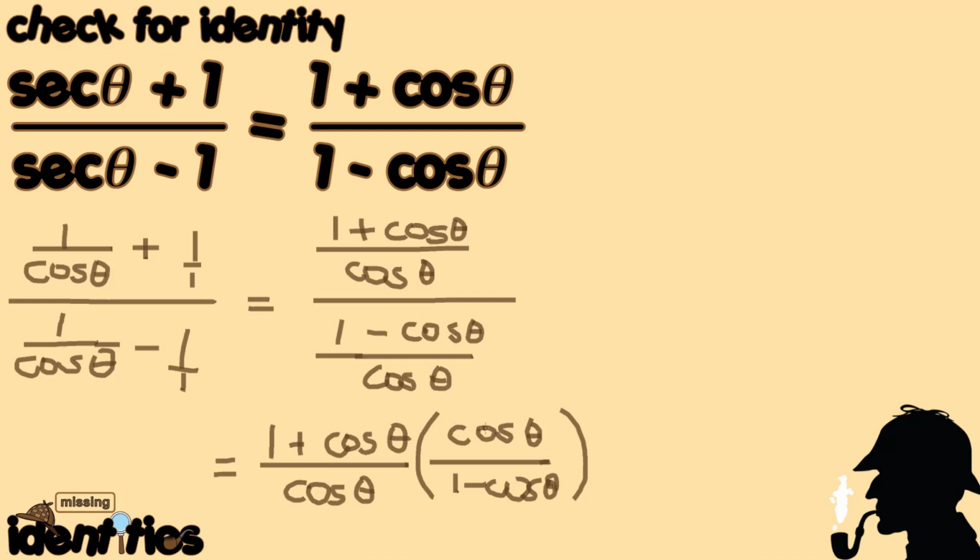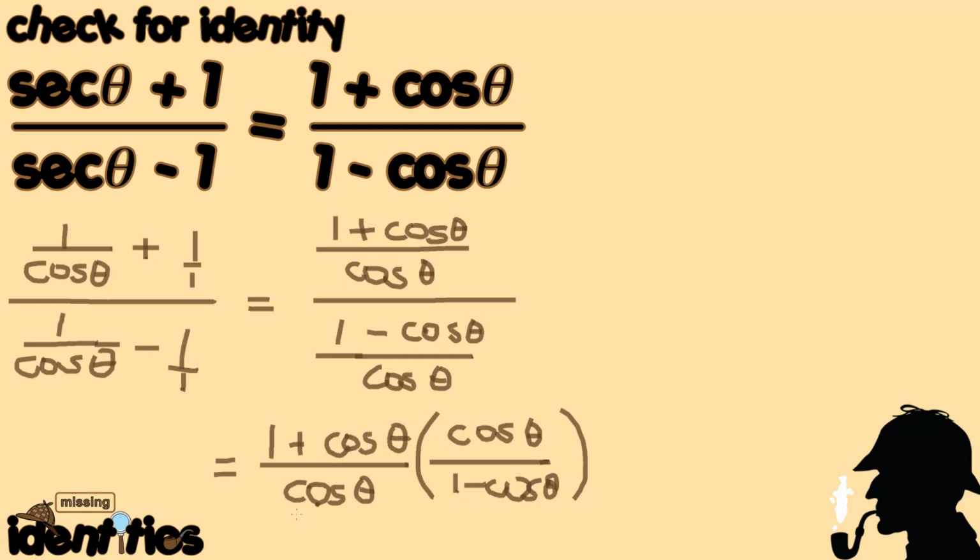Now you could of course multiply out the cosine theta in our numerator and here as well, but by the use of the cancellation law for multiplication, we could cancel the cosine theta here. By the way, we cannot cancel this too, because our numerator is a binomial expression. Nor can we cancel the cosine theta and even 1 and 1, because they are different forms of binomial expression.